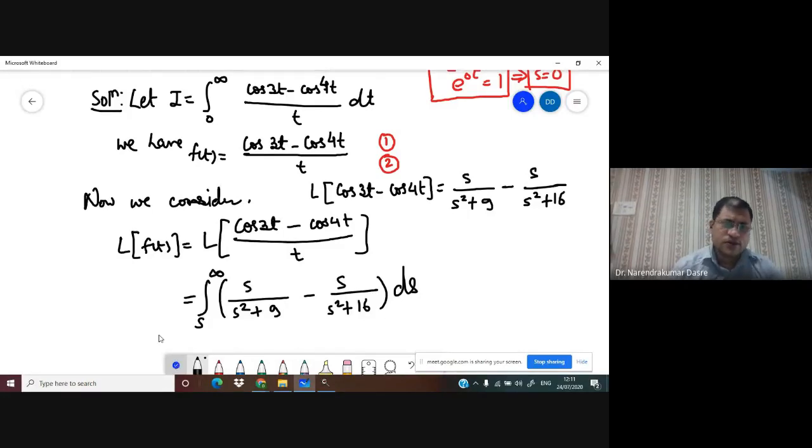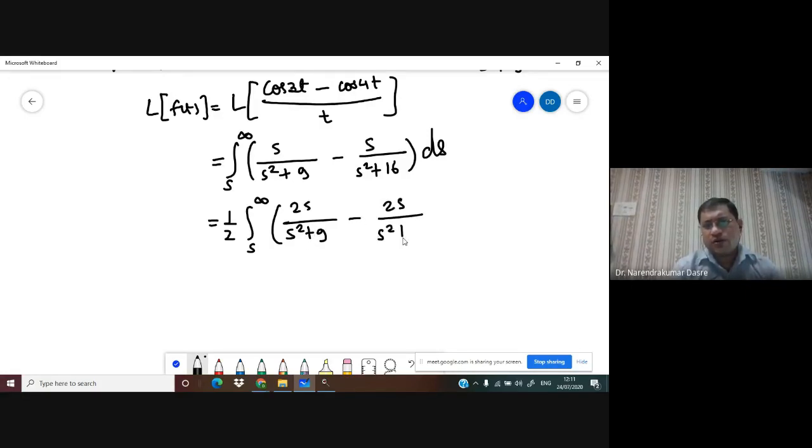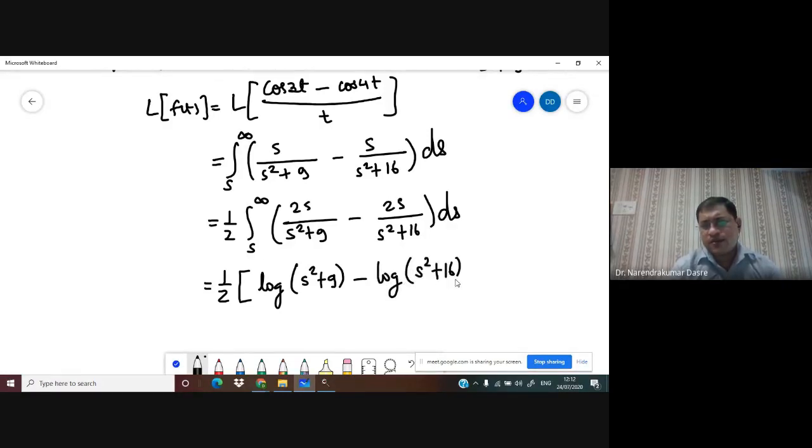This is ds. To solve this integral, we have to multiply and divide by 2. So half of the integral from s to infinity of 2s upon s square plus 9 minus 2s upon s square plus 16, ds. This is going to be half of log of s square plus 9 minus log of s square plus 16, from s to infinity.